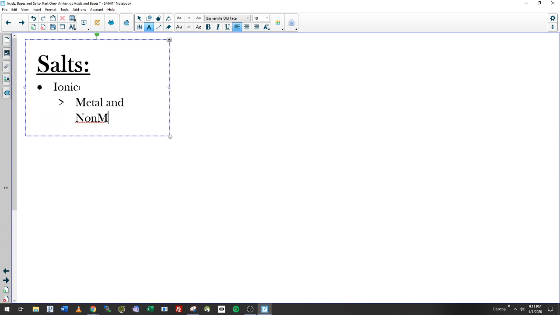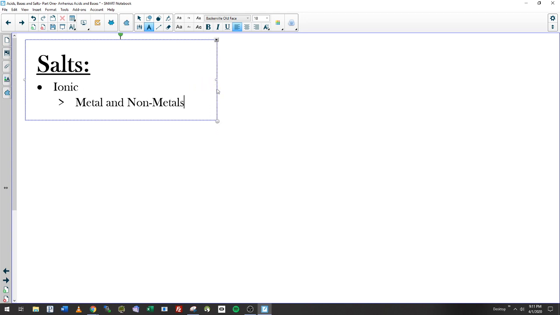Okay, so things you should be associating with ionic compounds at this point is that you should have a metal and a nonmetal in your compound. Other things you could be associating here, it doesn't have to be metal, nonmetal. We could substitute a polyatomic ion in either position, so polyatomic ion and nonmetal, that would work.